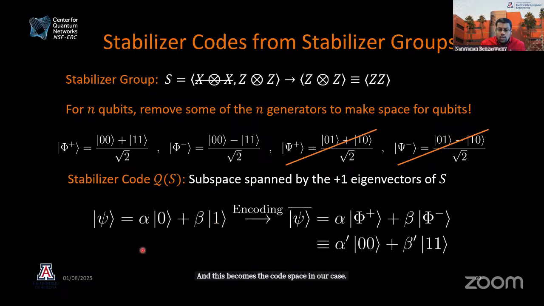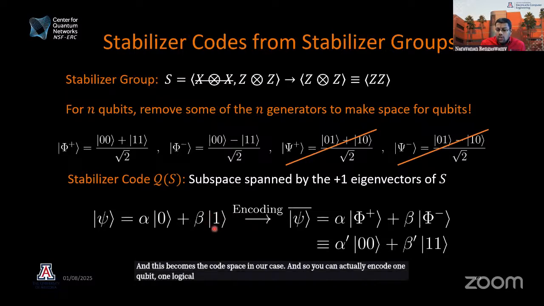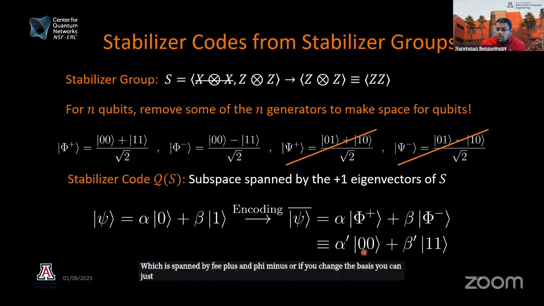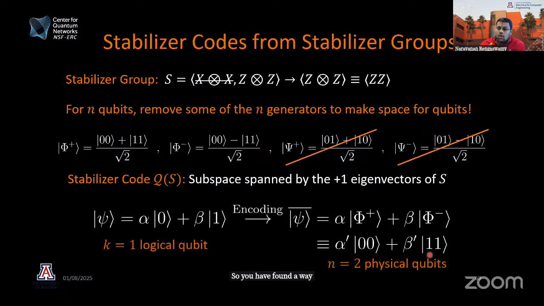And so you can actually encode one logical qubit of information into these two qubits, which is spanned by phi plus and phi minus. Or if you change the basis, you can just write it as a linear combination of 0, 0, and 1, 1. So you have found a way to encode one logical qubit into two physical qubits.